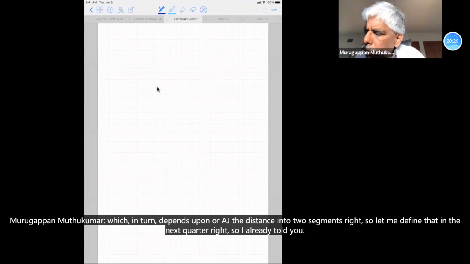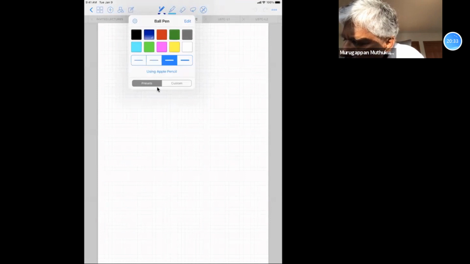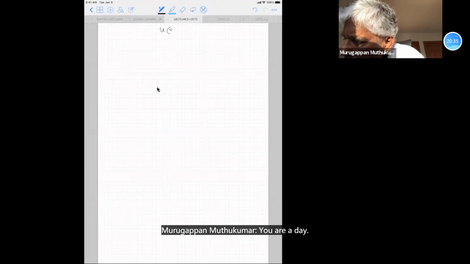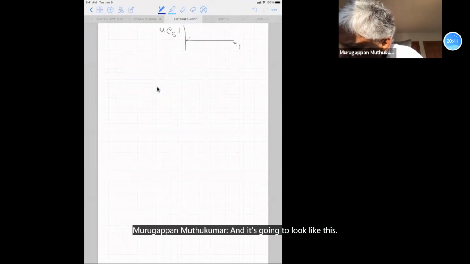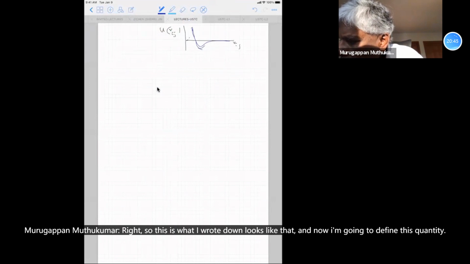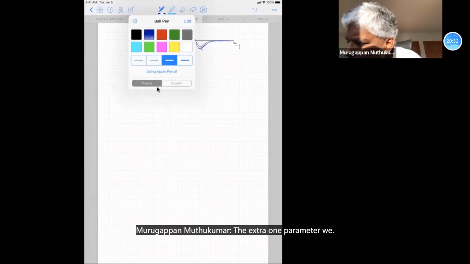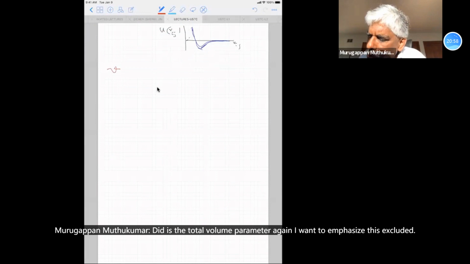I already told you, this is Rij, and it's going to look like this. This is what I wrote down. And now I'm going to define this quantity, the excluded volume parameter, V.